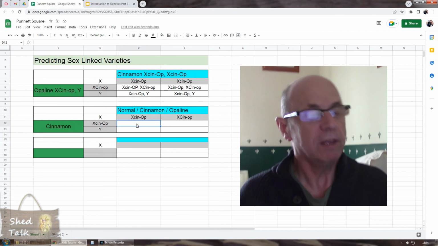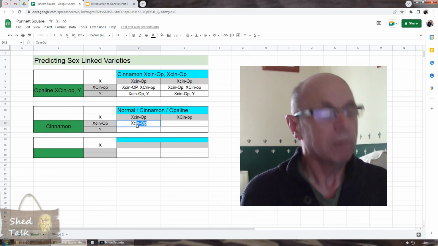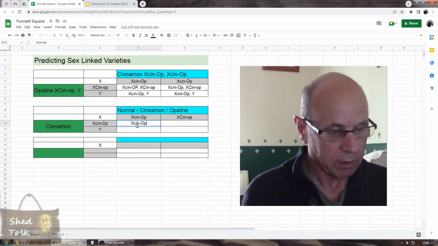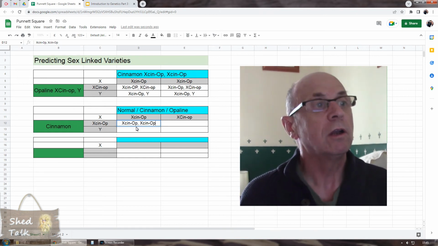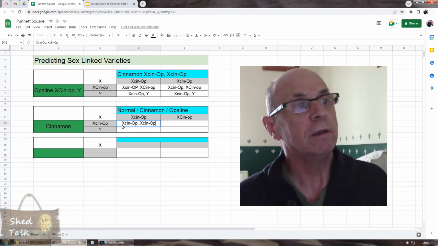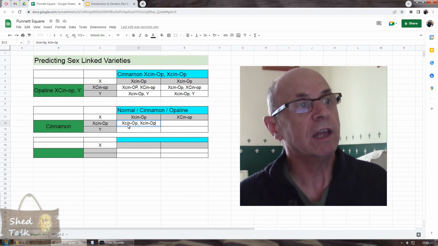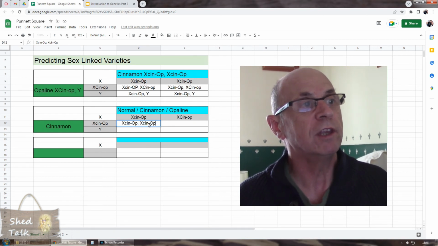We're going to get the X cinnamon dash opaline from the cockbird, and the X cinnamon dash opaline from the hen. So we're going to get the mutated cinnamon gene from the cockbird and a mutated cinnamon gene from the hen, but neither of the opaline alleles are the mutated type, so that's going to be a cinnamon cockbird.